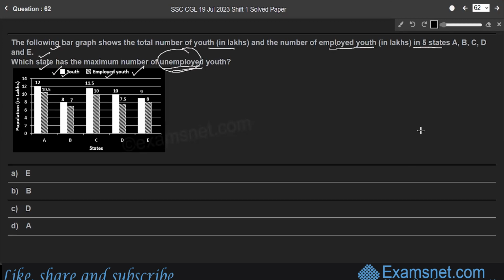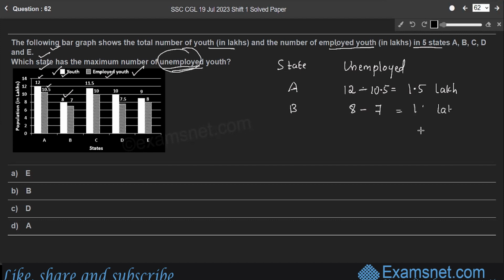Let us consider the number of unemployed youth in each state. Consider state A: total number of youth is 12 lakhs minus 10.5 employed, so 1.5 lakh youth are unemployed in state A. State B has 8 minus 7 employed youth, which is 1 lakh unemployed.